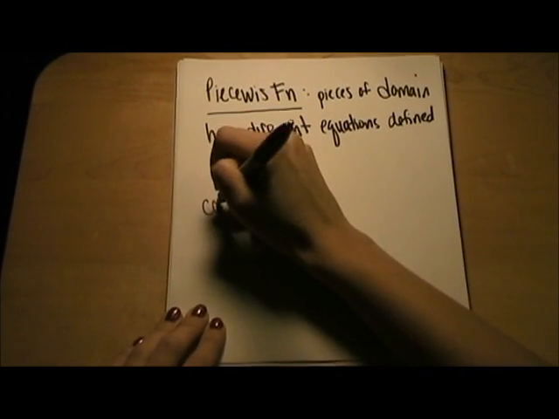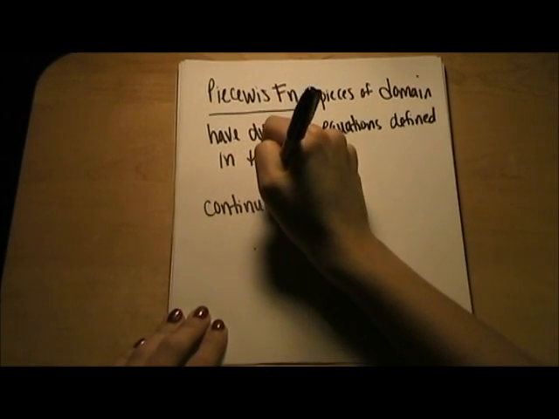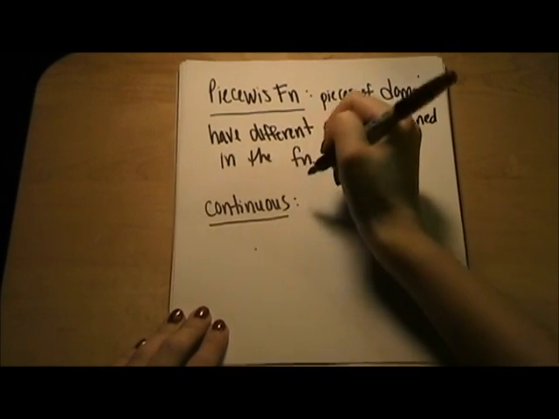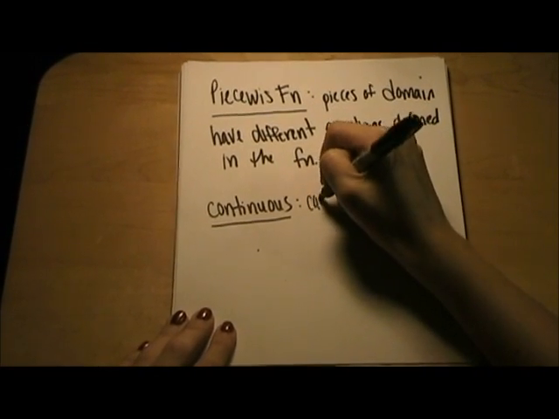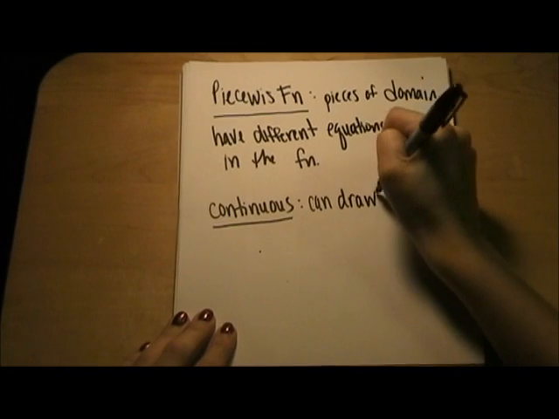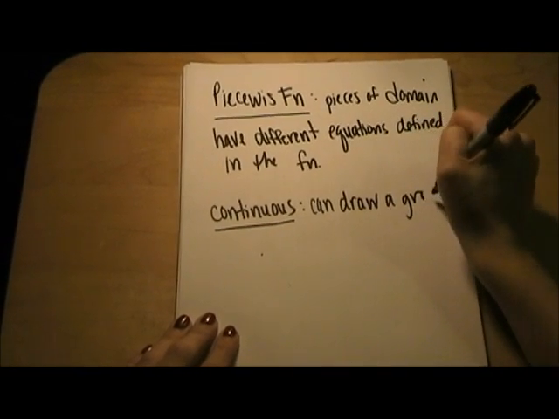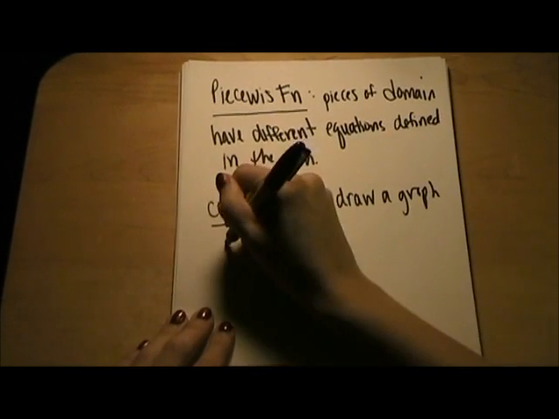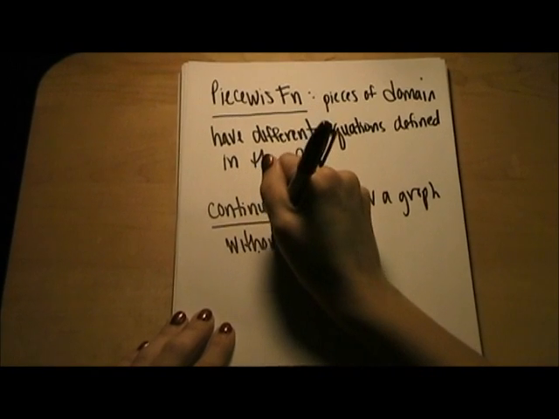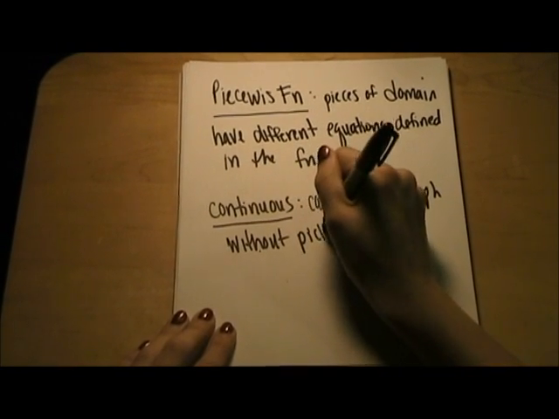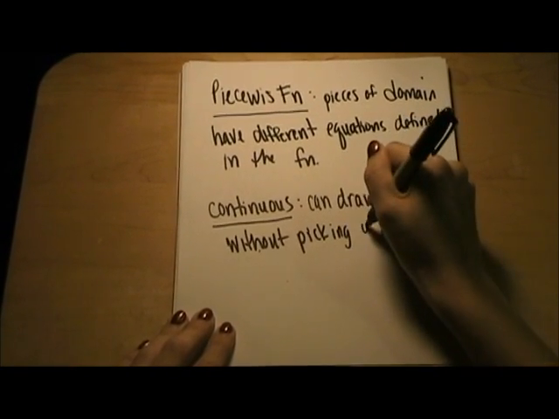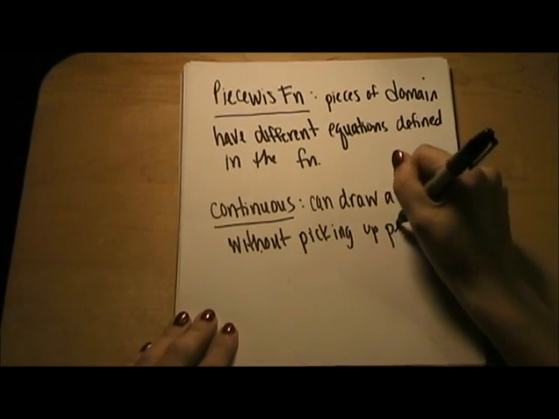Another vocabulary word, something is continuous. That means that you can essentially draw a graph without picking up a pencil.